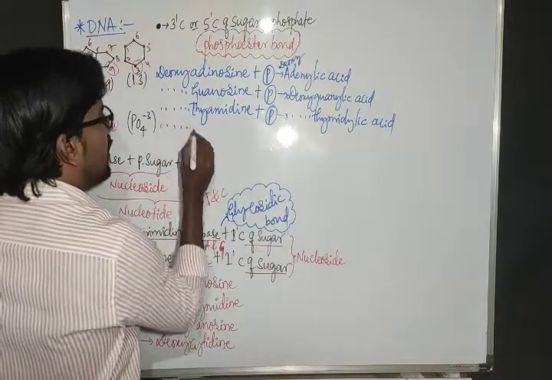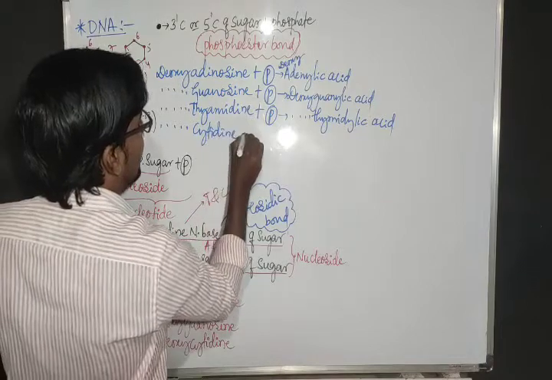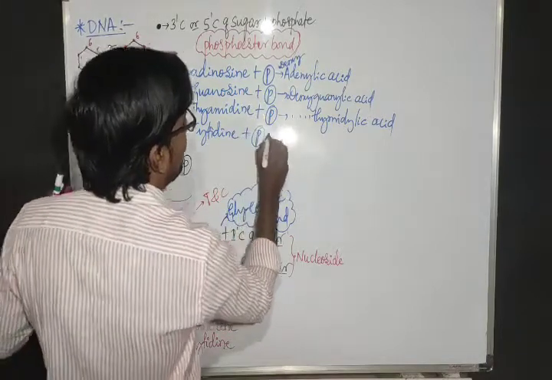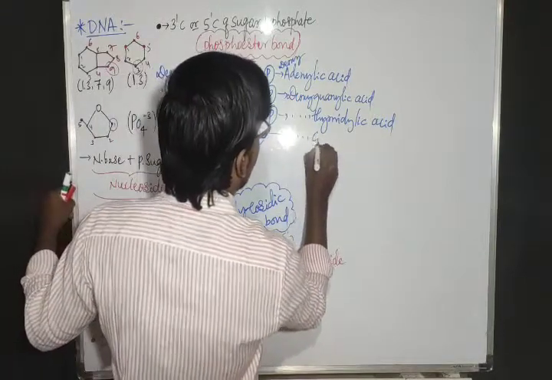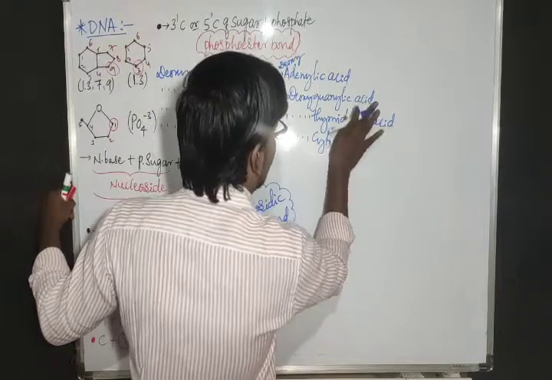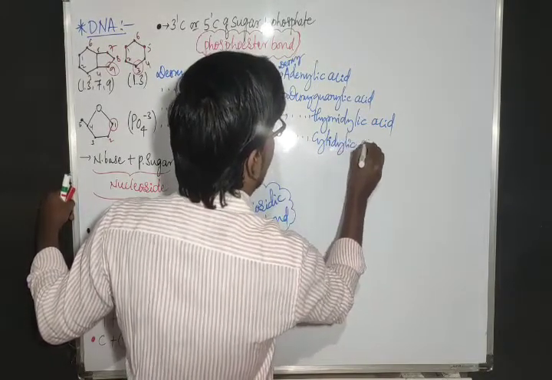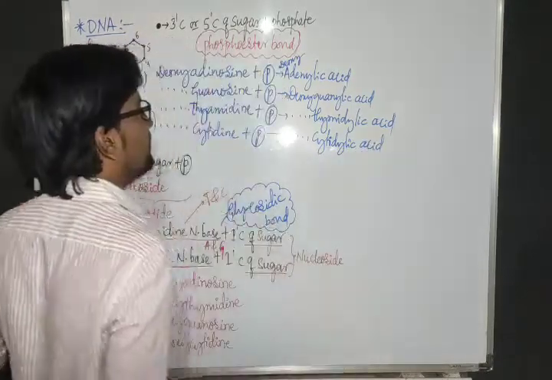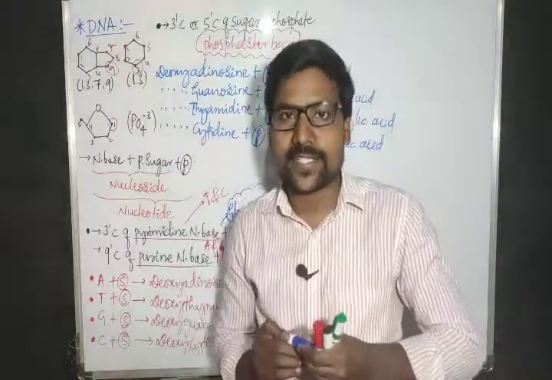Then last one, deoxycytidine plus phosphate. Then the nucleotide name is deoxycytidinic acid. So what are all these? All of these are nucleotides.